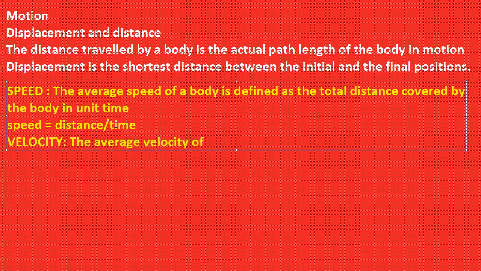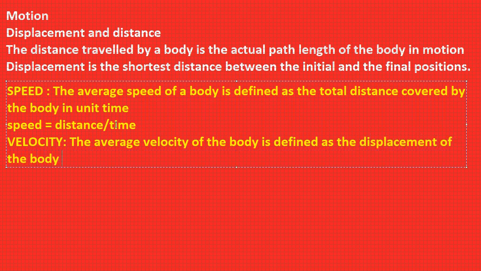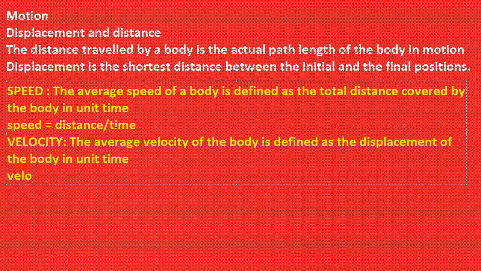On the other hand, the average velocity of the body is defined as the displacement of the body in unit time. Hence, velocity is equal to displacement by time.